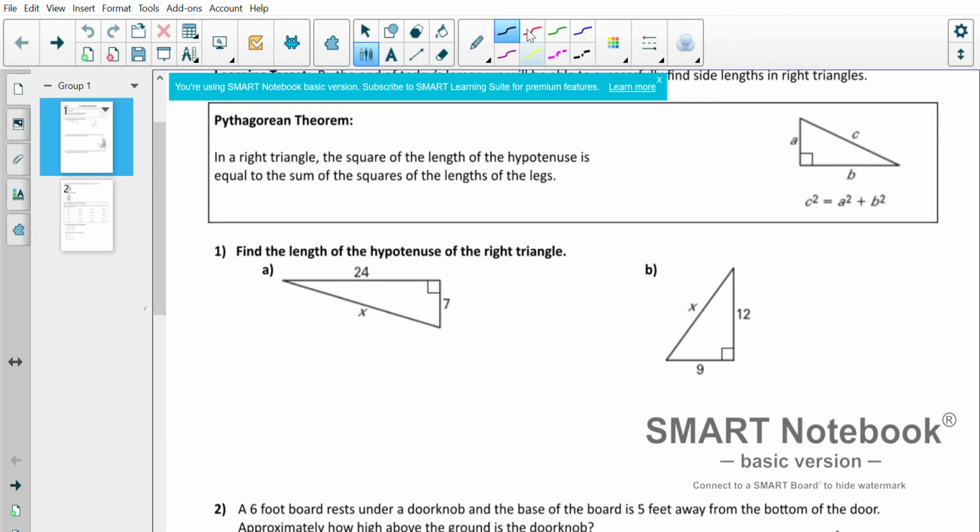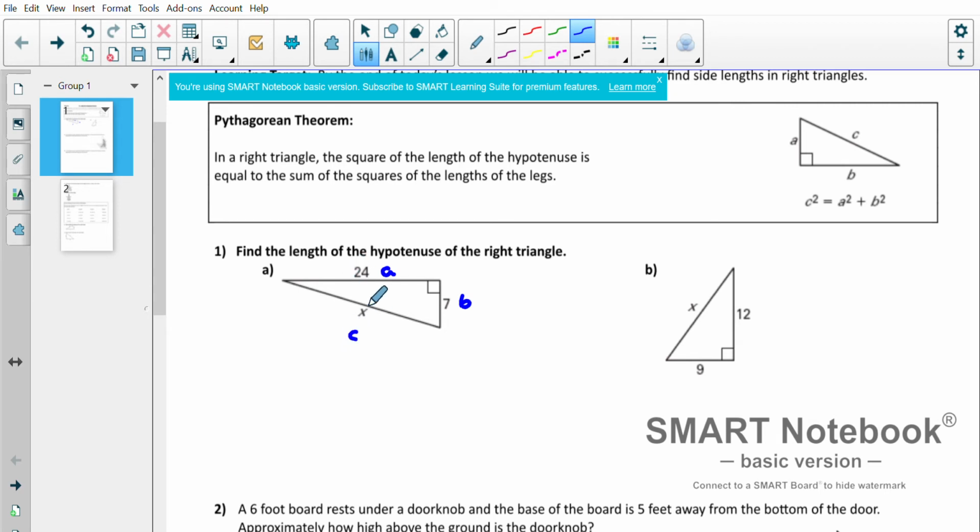So if we take a look at a couple examples down here, let's do A first. We see that the legs of the triangle, so a and b, it doesn't matter which leg is a and which leg is b, it's going to give you the same result either way, are 24 and 7. And then our hypotenuse, or our side c, is our unknown.